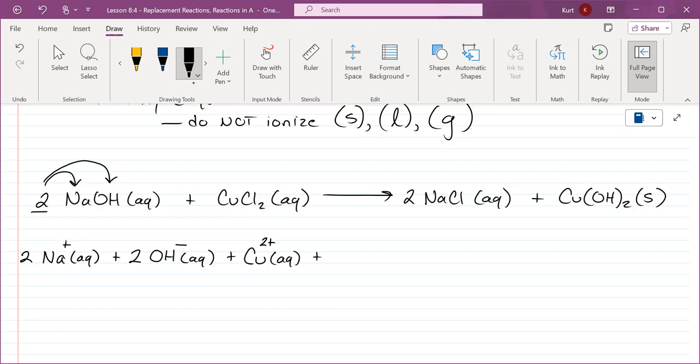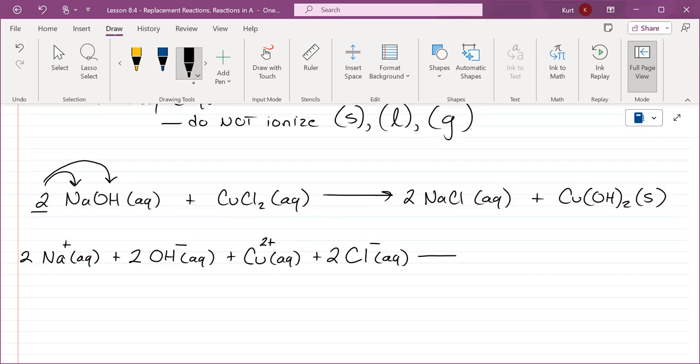How many chlorines are there? So you don't write Cl2. You're ionizing it. So you're saying there are 2 chloride ions. If you wrote Cl2, that's not correct. And this is good that you're learning that now. You write that there are 2 chloride ions. Again, we are ionizing this.